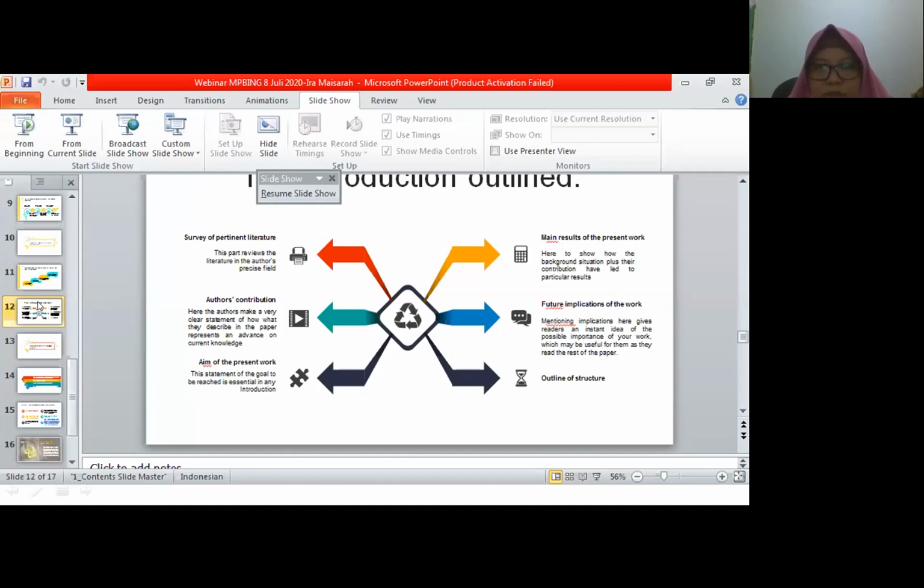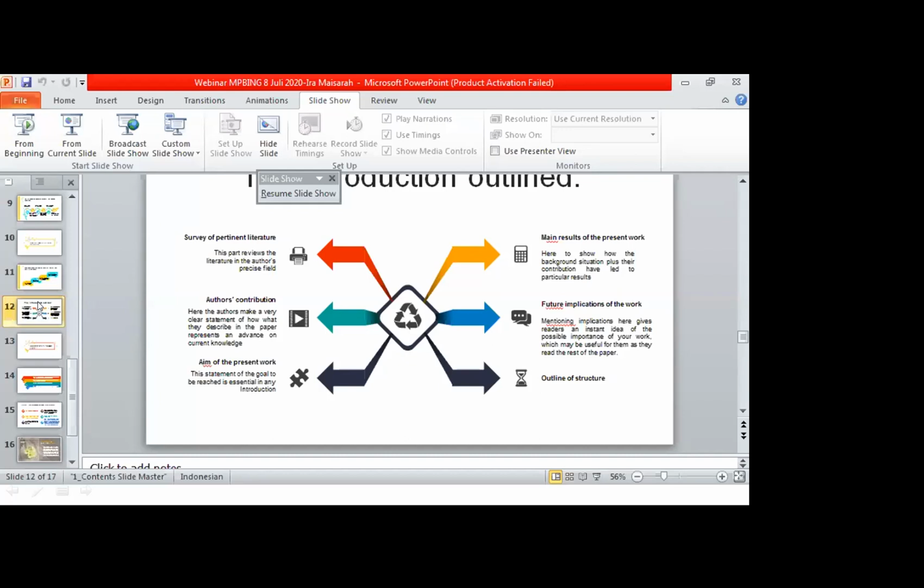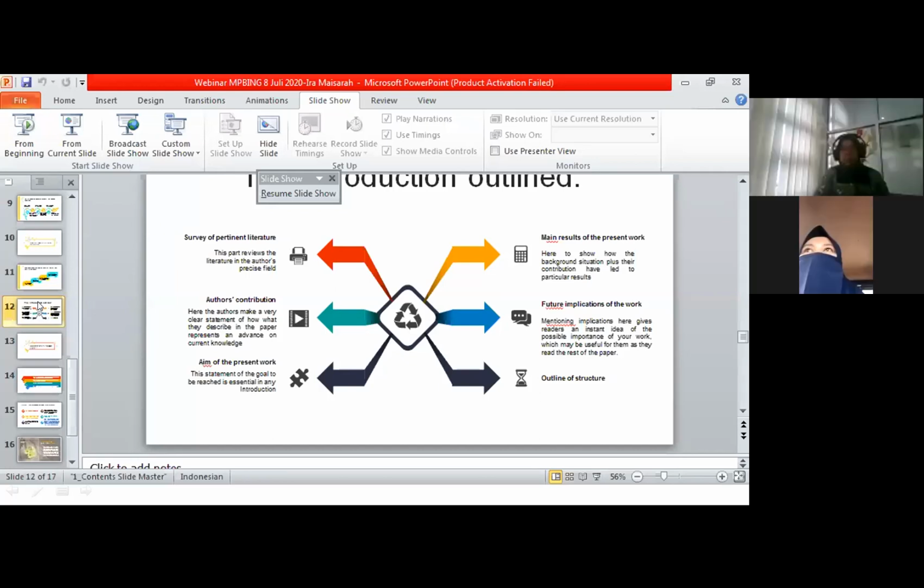authors' contributions. Here, the authors make very clear statements on how what they describe in the paper represents the work. So we have to focus on what the research discusses, what the aim of the present work is, and what the main point of the research is. The main point can also be set as the purpose of the research, and also the future plans of the research, what we are going to do, maybe the procedures that we are going to use in our research.